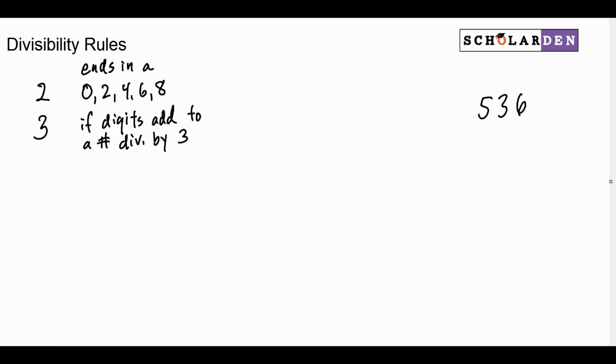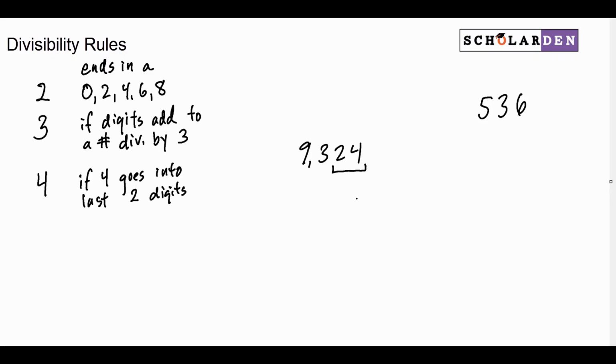The rule for 4 is if 4 goes into the last 2 digits. So for instance, 9,324, you only have to look at the last 2 digits for 4. And 4 does go into 24. It goes in 6 times, so 4 definitely goes into the whole number.